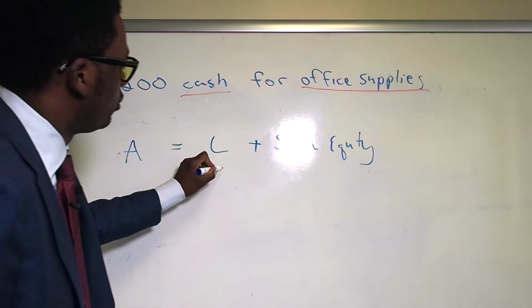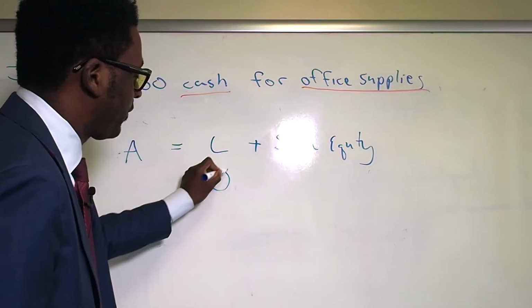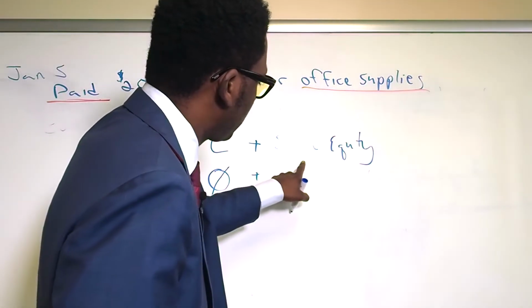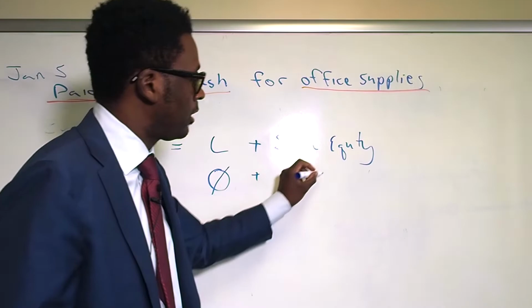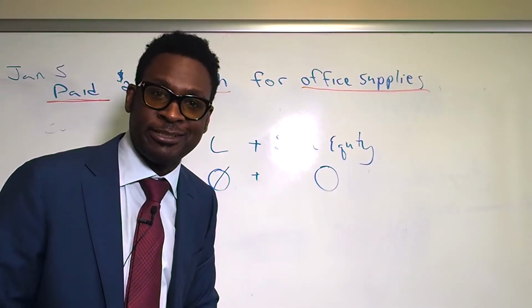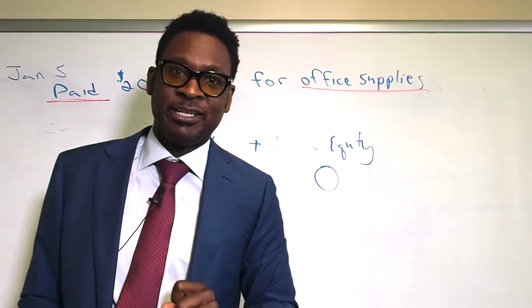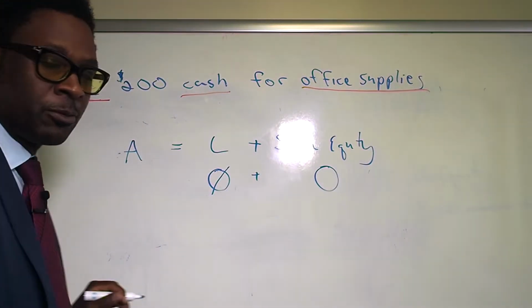And we know no liabilities were involved. Liabilities are things that we owe. And we also know stockholders' equity wasn't affected as well, because stockholders' equity is broken down into the two parts: paid in capital, which is common stock, and retained earnings. So that leaves us with our assets.